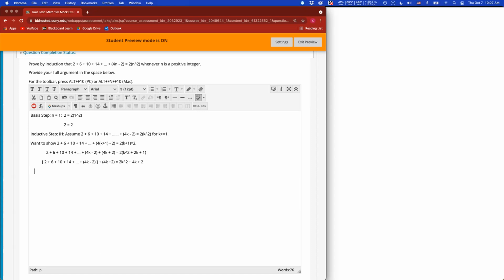Now if you look at it, by the inductive hypothesis, you know the sum of the first k terms here. I put it in a box here. That will equal 2k squared.